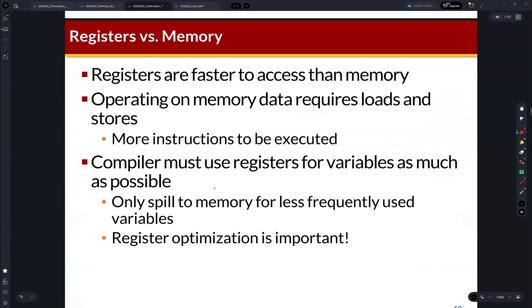Okay, so register versus memory. As I mentioned, register is much faster. The memory is slow because its size is so large. In RISC-V, the data processing, arithmetic instructions and most instructions just access register data.